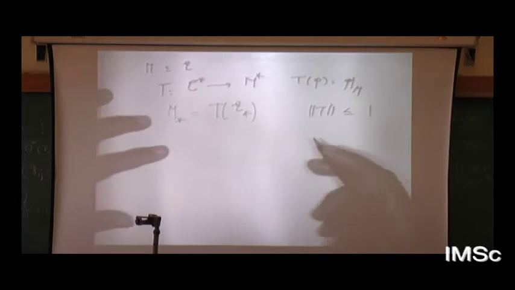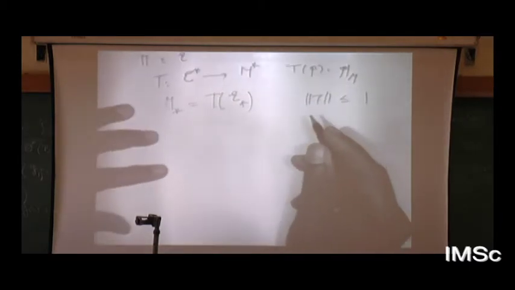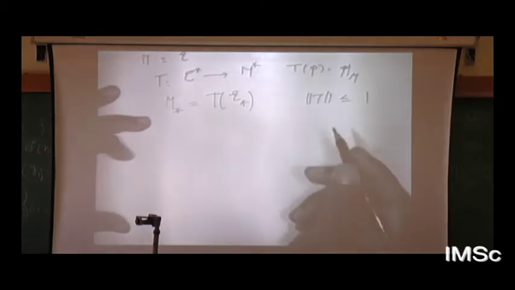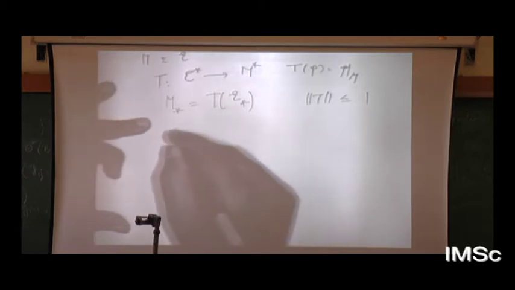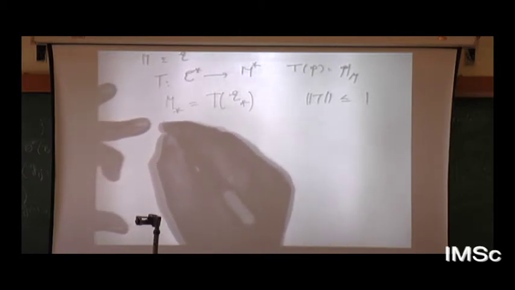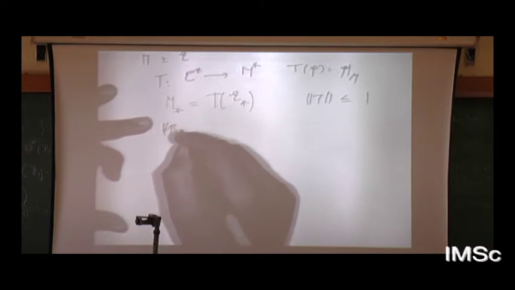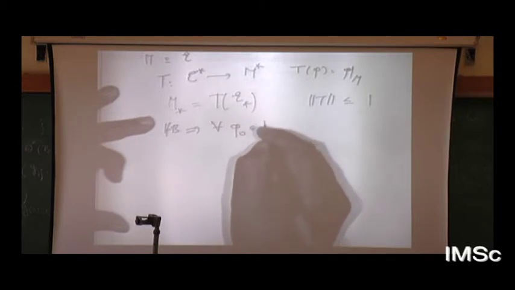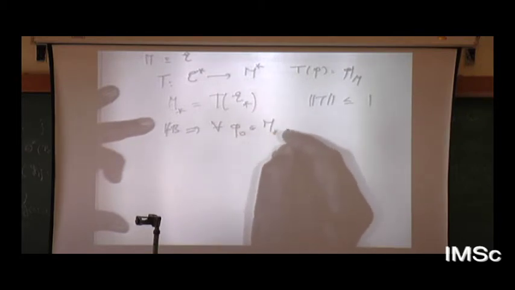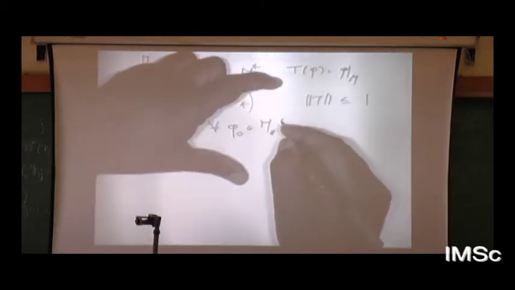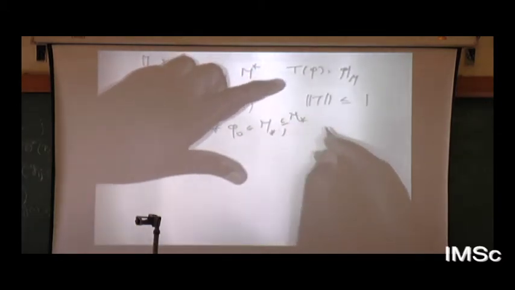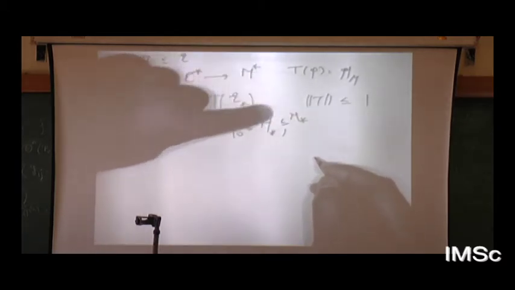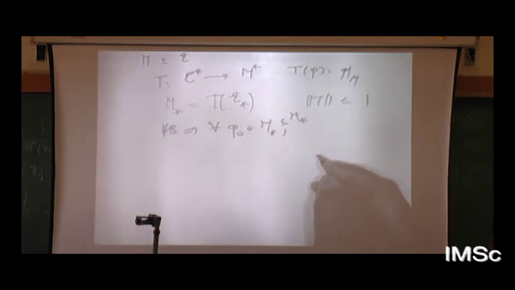Right? On the other hand, what the Hahn-Banach theorem tells you is that for all phi naught in M lower star, which is contained in M upper star, whatever, this is after all a linear functional on M, so you can extend that to a linear functional on E with the same norm.